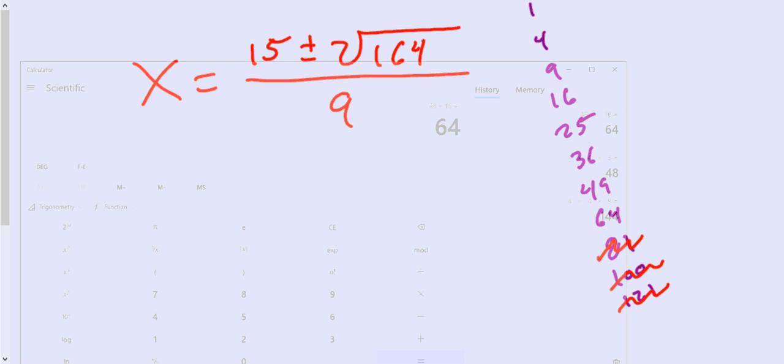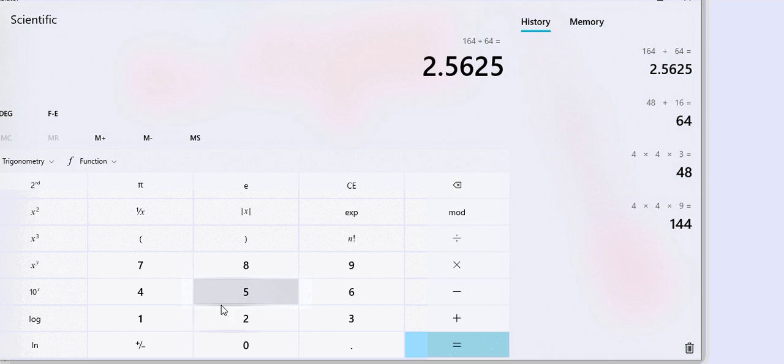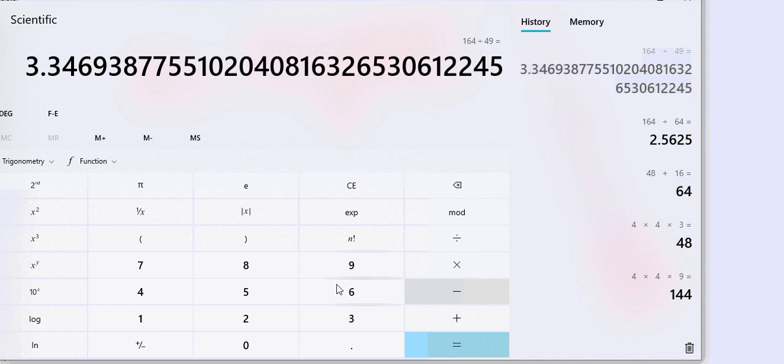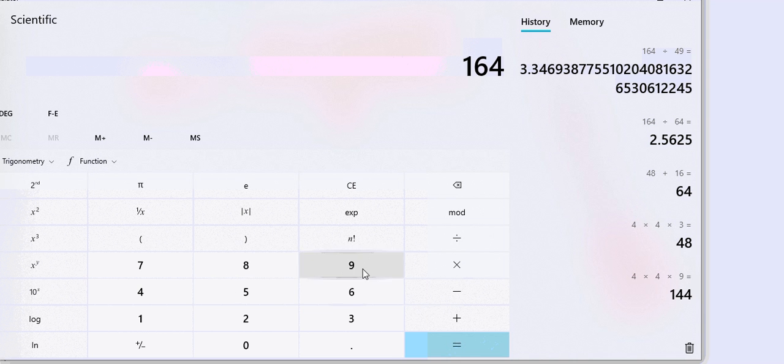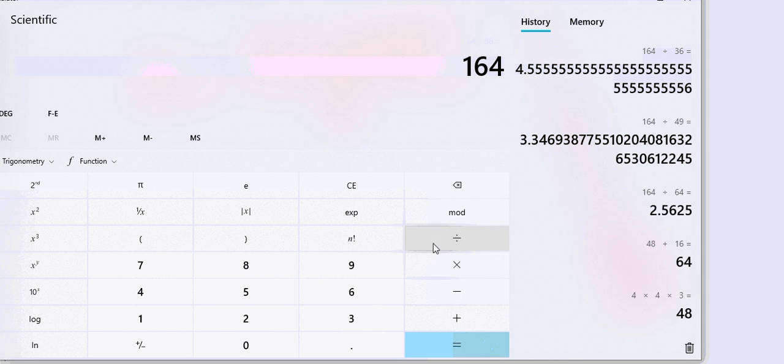Pretty sure 64 doesn't go in there. 164 divided by 64. We're just going to double check. Yep, didn't think so. So 164 divided by 49. Nope. 164 divided by 36. Nope. 164 divided by 25.